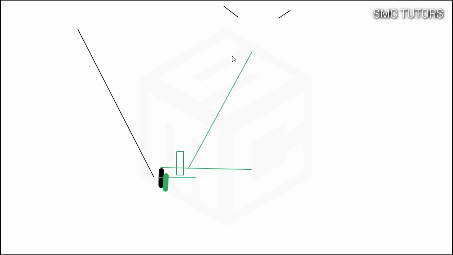The reverse is the case for dark cloud cover. On the upward movement, we'll have a green candlestick form at this point, then a red candle forming next, doing more than 50% of the body of the green candle, closing in the second half of the green candle.